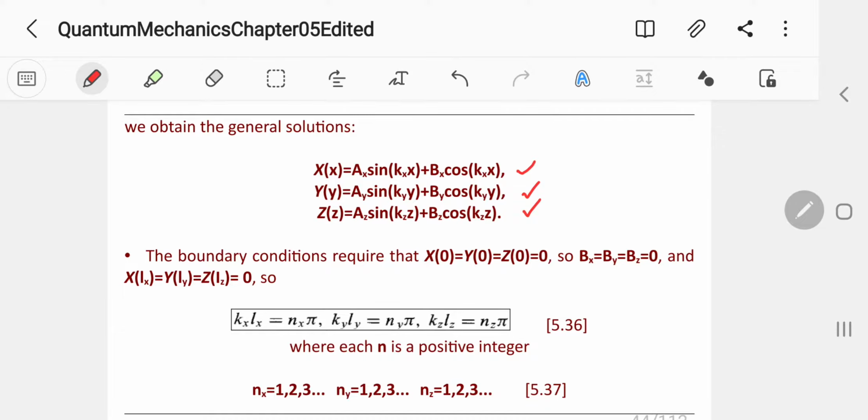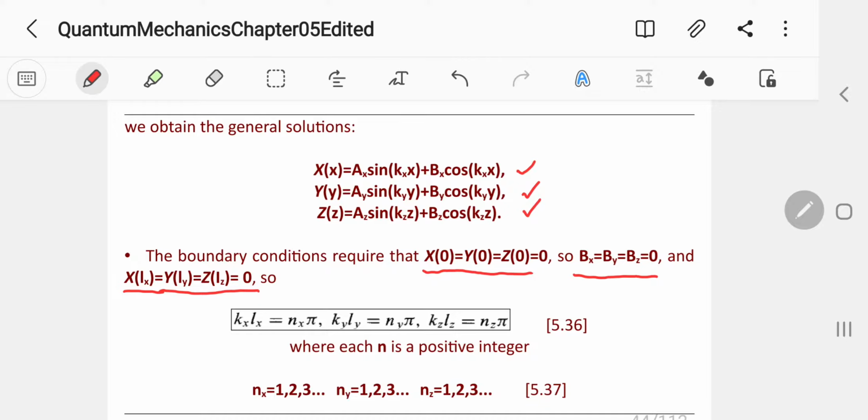The boundary conditions require that at x equals 0, y equals 0, and z equals 0, the wave function is 0, and so of course Bx, By, and Bz are 0. And at x equals Lx, y equals Ly, and z equals Lz it is also 0.